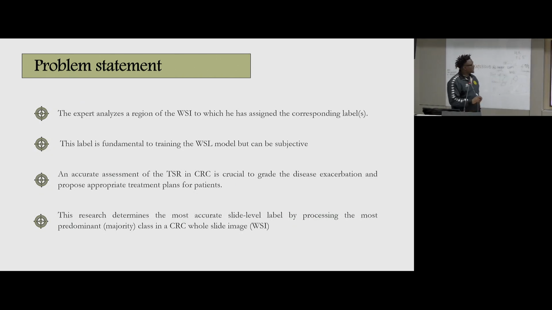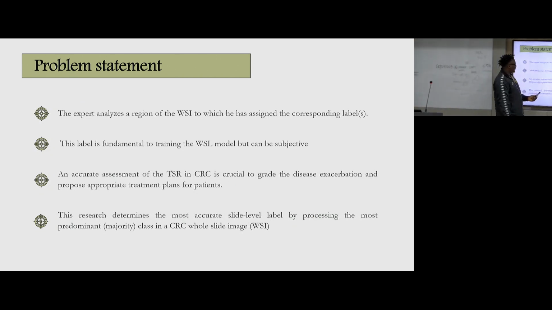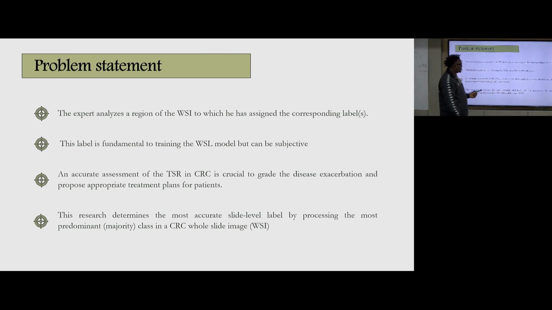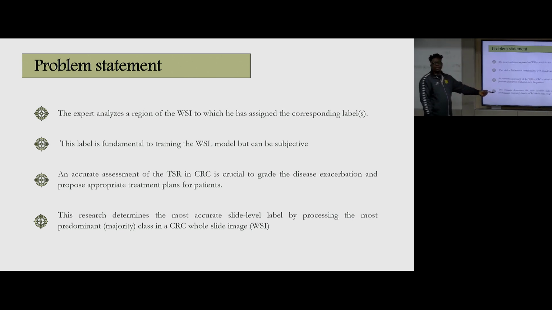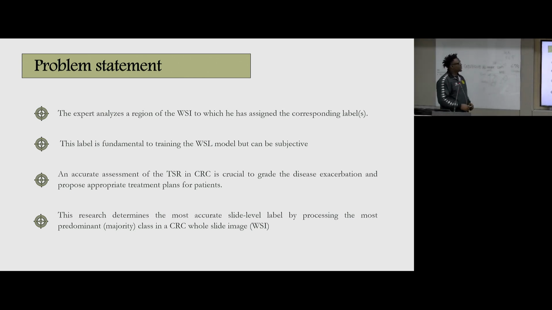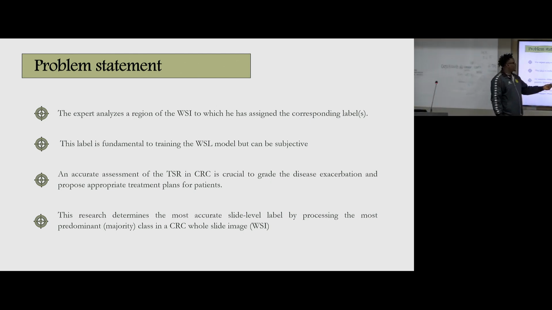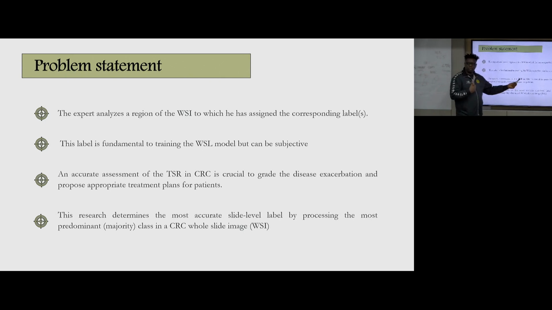So the first thing is that I have to do some kind of accurate slide level prediction by majority voting. In this case, since it's an academic work, the first thing is that I want to do assessment of TSR, because I work on colon cancer. This TSR we already explained is fundamental for the prognosis of a patient.